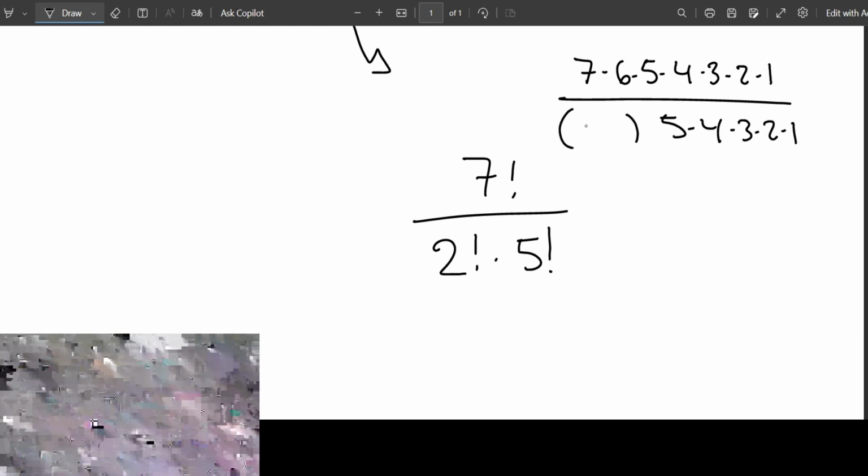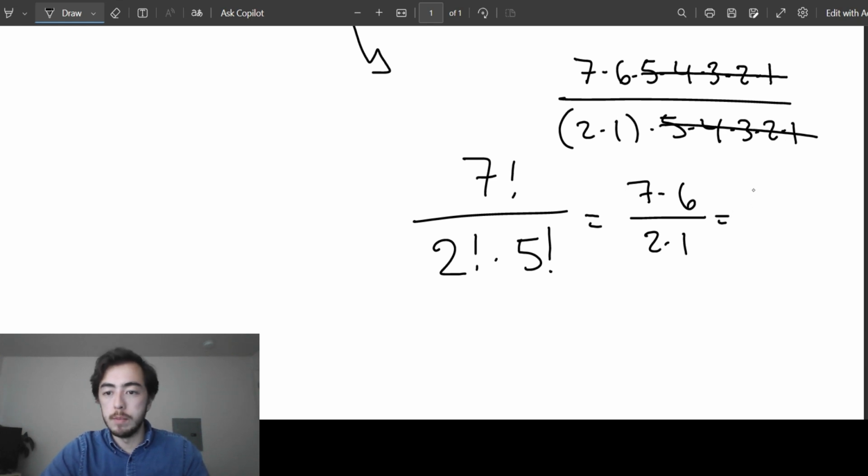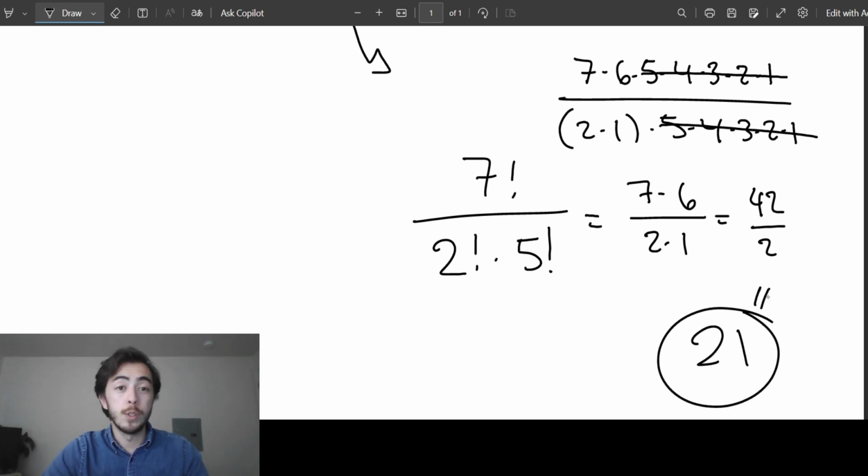And then I guess I'll put the little 2 factorial over here on the left side. And ultimately, this 5 factorial just cancels out with all the factors above it. And so we're only really left with 7 times 6 on top and 2 times 1 on bottom. And that really simplifies all of the arithmetic when working with factorials. The numerator here is just 42, the denominator is 2, and ultimately this does give us the number 21 for today.